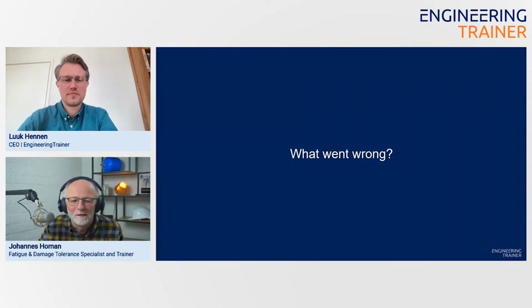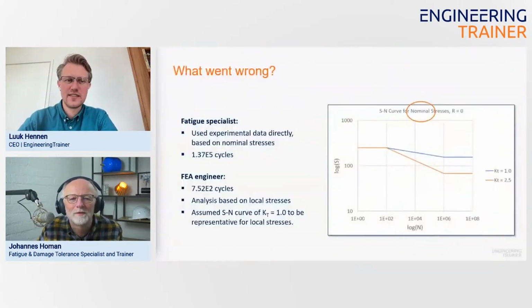So we dive a bit further into the question, what went wrong? What I've done as a fatigue engineer, I just took the SN curve for the appropriate KT value and read the fatigue life from it.